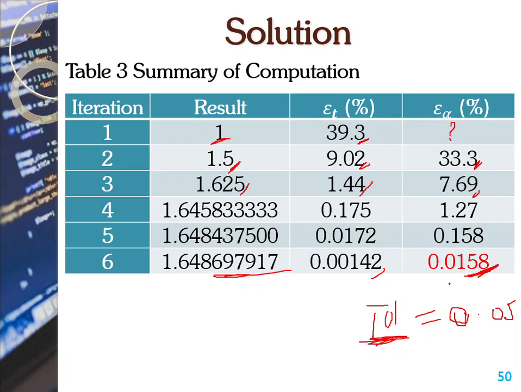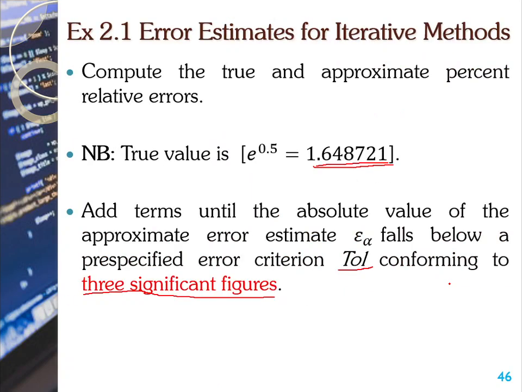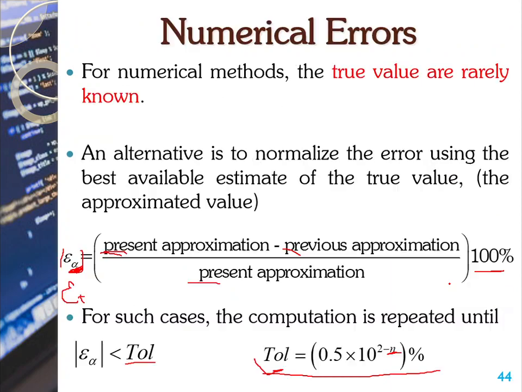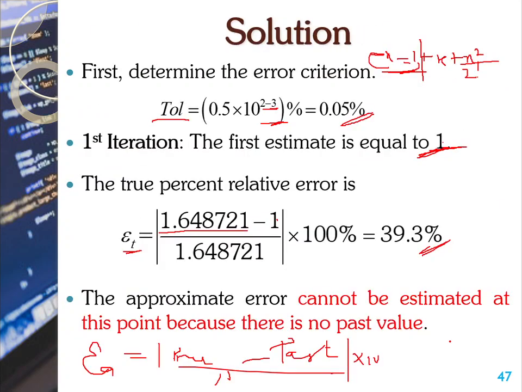So anytime that you are performing numerical analysis and you would like to know when to stop, this is basically how we go through it. So it's like two things here. It's either I give you the tolerance or I do not give you the tolerance. If I do not give you the tolerance, it means that you have to estimate that based on this formula that we have in here. So this formula can come in handy when I do not give you the tolerance value.